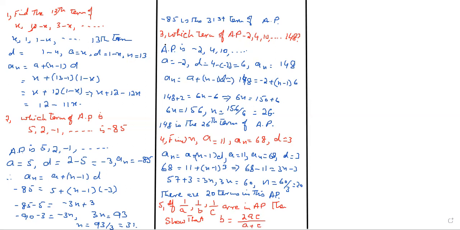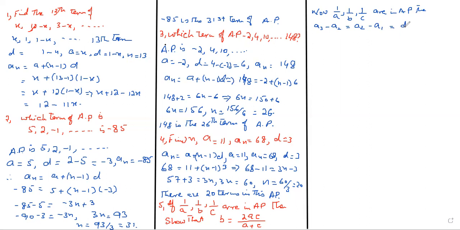Now if 1 over a, 1 over b, and 1 over c are in AP, then a3 minus a2 equals to a2 minus a1 equals to d, right?